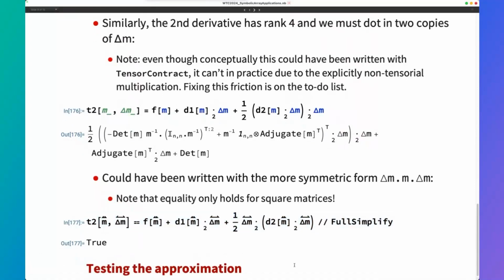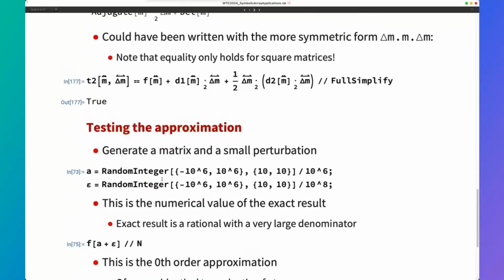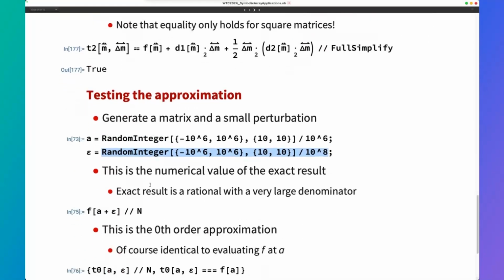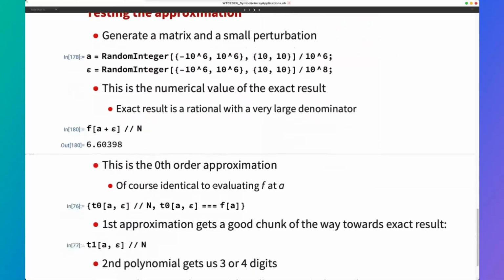So now that we have our polynomials, let's try them out. We'll generate a matrix of random integers and then a perturbation, which has entries that are roughly 100 times smaller. So I will generate these and look at the exact result. The exact result is a rational with a very large denominator, like 60 digits, so we'll just look at the numerical approximation.